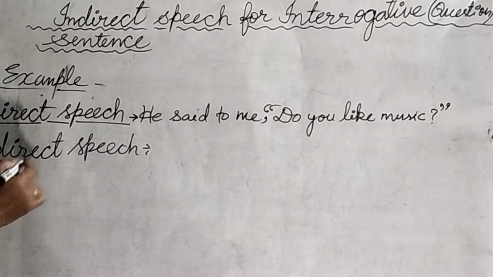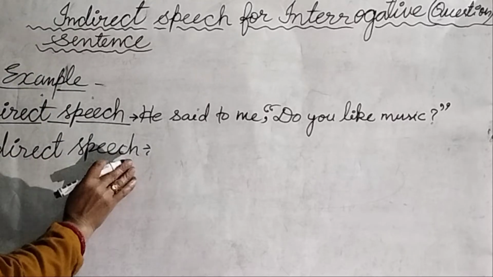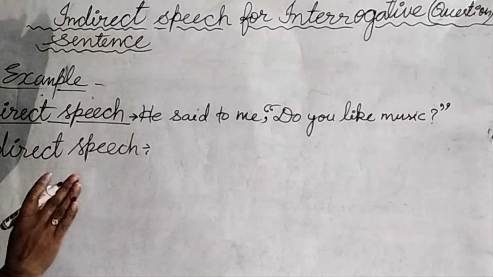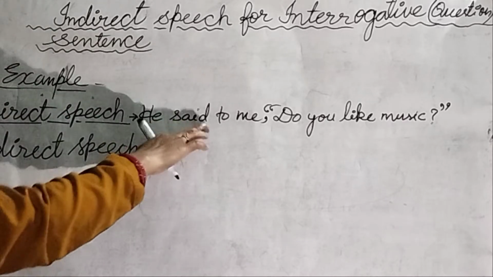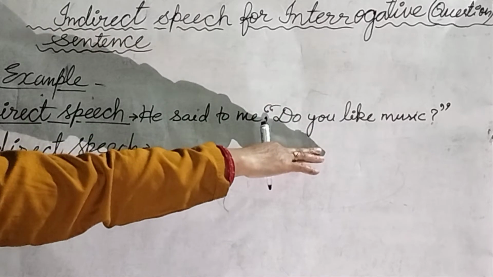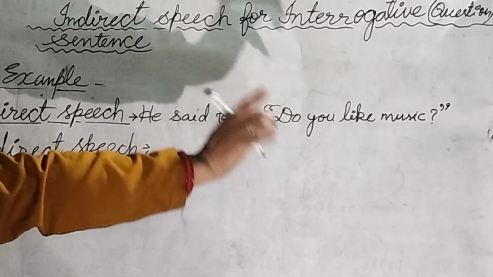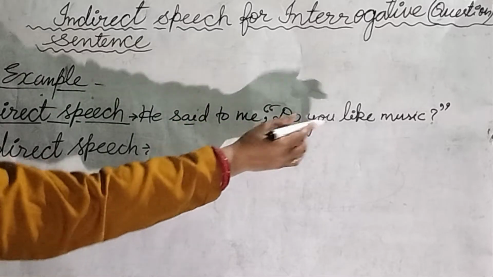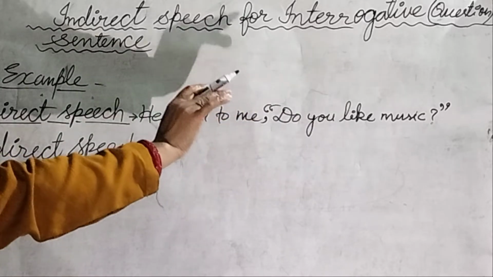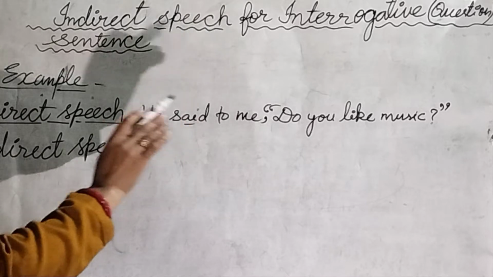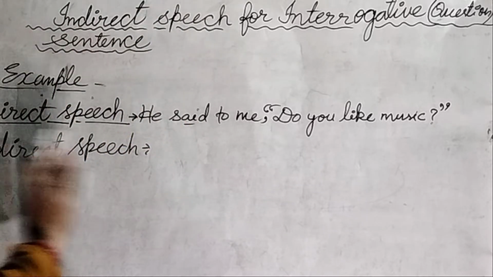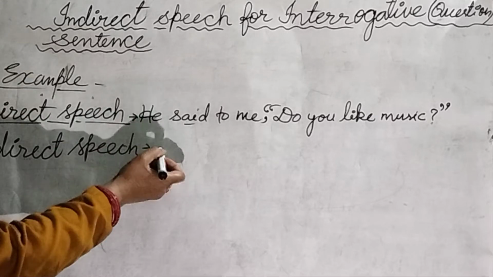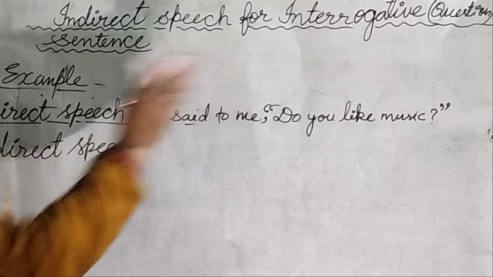Second, the word that is not used between reporting verb and reported speech as a conjunction. And third, the question mark is not used in indirect speech. When we change this sentence into indirect, the question mark is also removed.